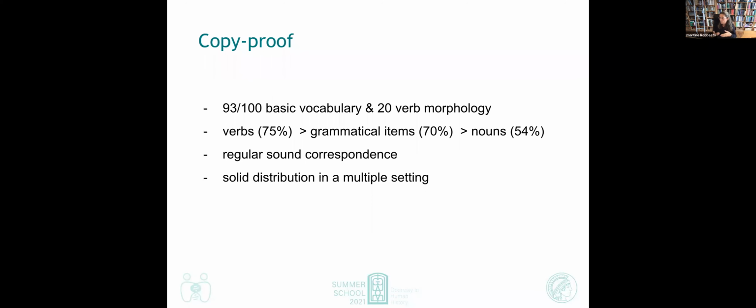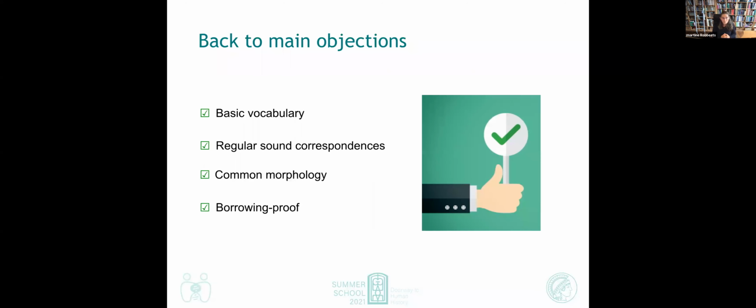And that is exactly what we find in the Trans-Eurasian case, that it is especially the verbs and the grammatical items that are attested over at least the 5 branches. So that is why, in a nutshell, I think that our evidence is relatively copy-proof, and that it is more sensible to explain some of the correspondences by inheritance than it is to explain everything by borrowing.